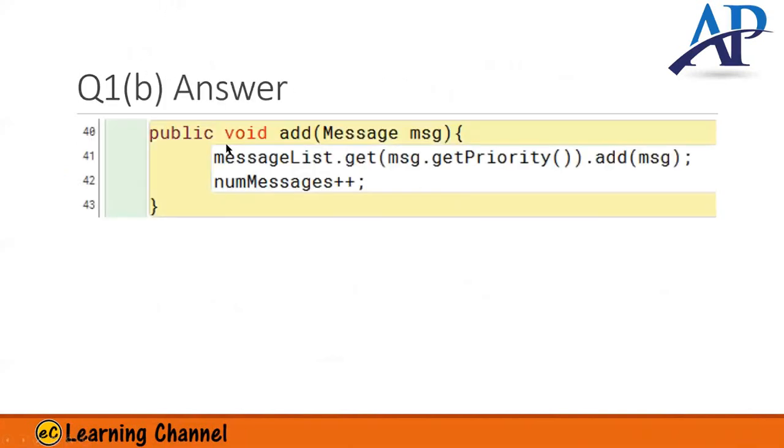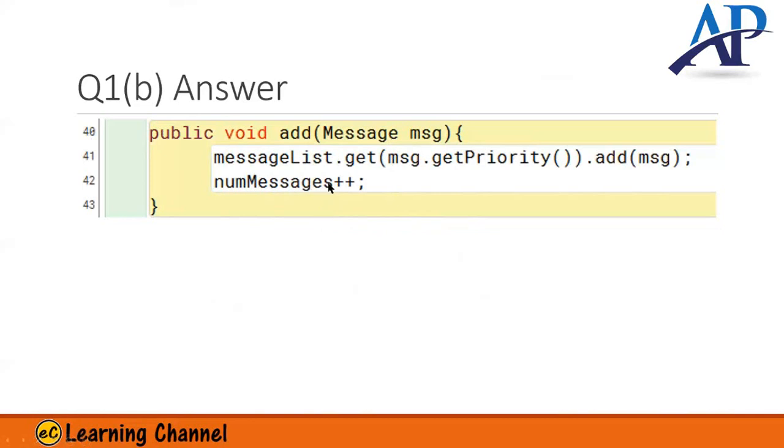So first you get its priority, and then add that message into that certain queue. So 9 would be the last priority one. And then you need to increase the number of messages as well.